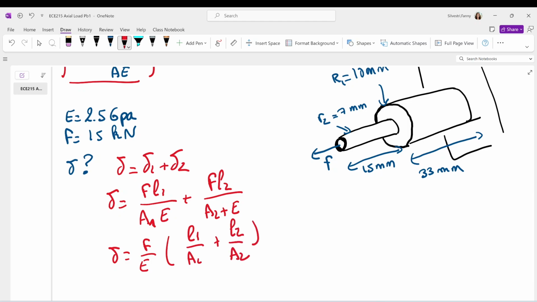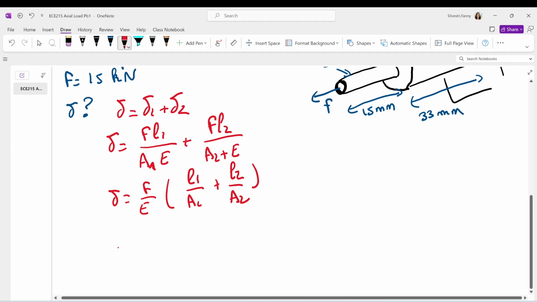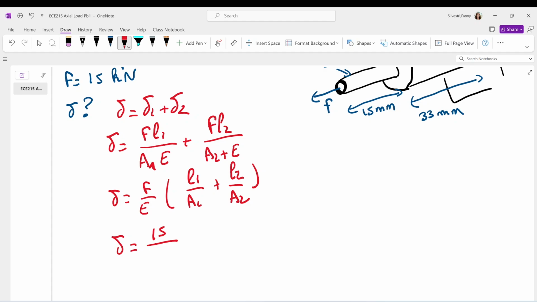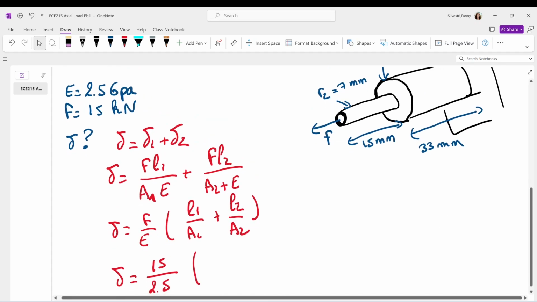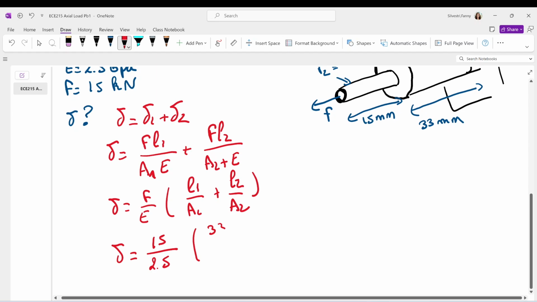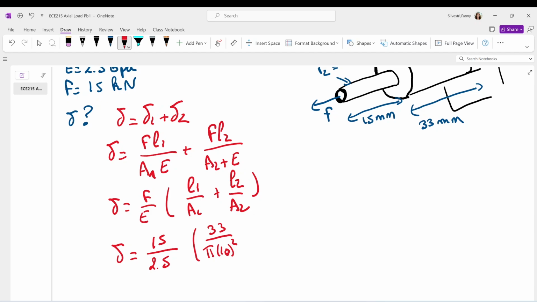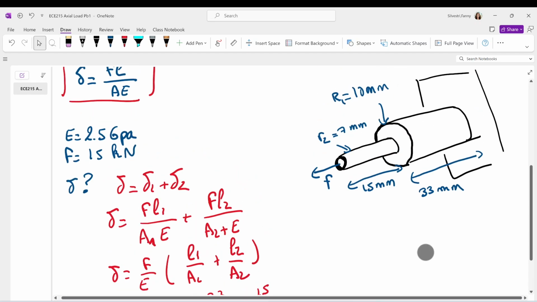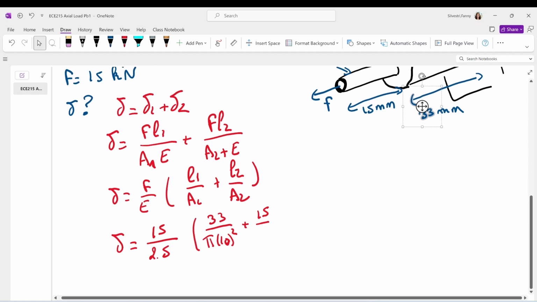I think that's a bit easier. So delta equals, in our case, the force of 15 kilonewton, E is 2.5 gigapascal. L1 is 33 millimeters, over pi times 10 squared, the radius, and the second length is 15 millimeters, divided by pi times 7 squared.